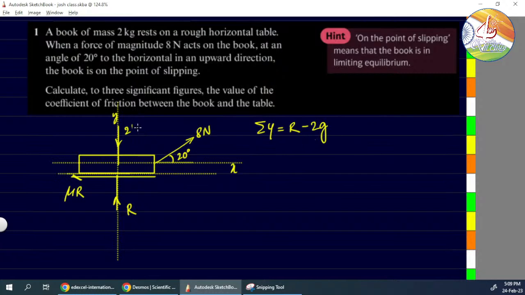So what is g? g is 9.81. That is acceleration. Then component of 8. What is the y component of 8? 8 into sine 20, correct? And it is acting upwards, so positive. That's all. This total should be 0. So we get reaction as 2g minus 8 sine 20. Find it.